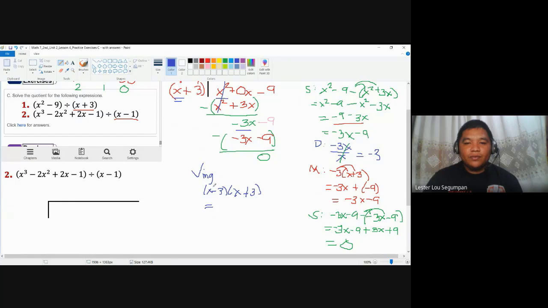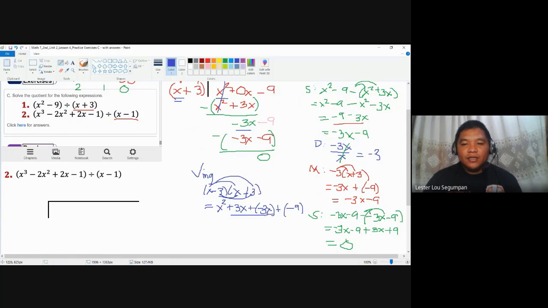FOIL method, x times x for the first term, you have x squared. X times positive 3 is plus 3x. This one is, yeah, we have plus negative 3x. And finally, you have plus, again, I'm using the plus addition as a separator, so you have negative 9.